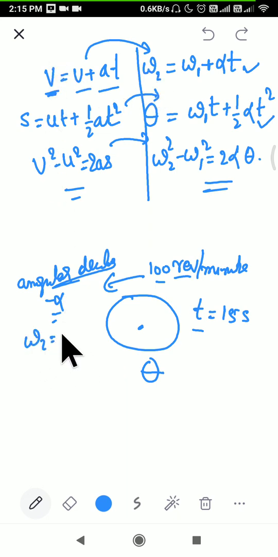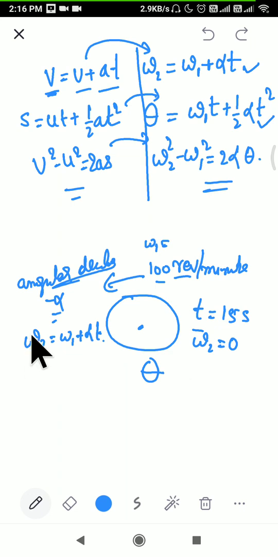So omega 2 is equal to omega 1 plus alpha t. Here alpha means minus alpha we are assuming. t is 15 seconds. Omega 1 is 100 revolutions per minute, and final velocity omega 2 is 0.